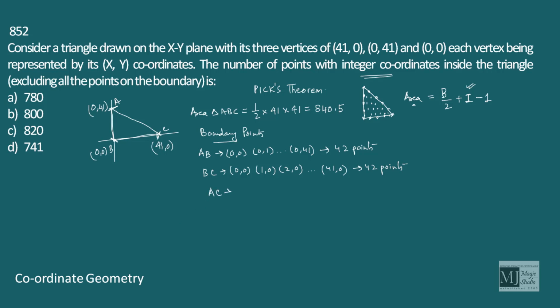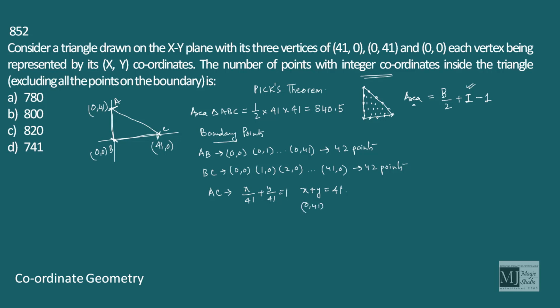Now on line AC, first we need the equation. The equation would be x by 41 plus y by 41 is 1. Okay, let's start with the first point. If we start from point A, it is (0, 41).